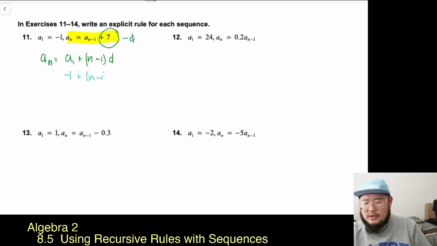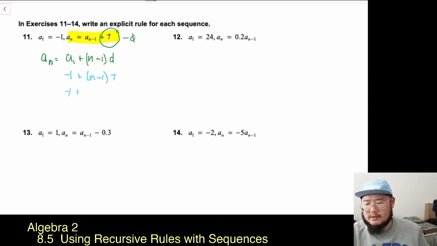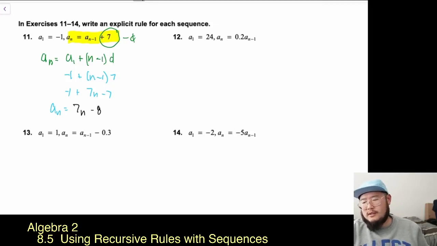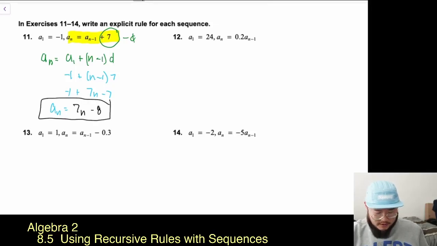So all I need to do now is plug it in, and then distribute: 7n minus 7. And let's rewrite this in the proper format. Variable first, and then -1 plus -7 is minus 8. All right, and there you go. There is our explicit rule, something that we've been very familiar with time and time again.